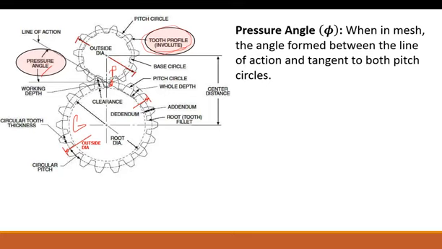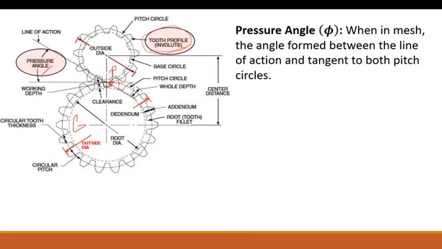And the pitch line is simply the tangent of the two pitch circles, and the pitch circle is the point of contact between the involutes. So you've got a gear with a pitch circle, which is simply the midpoint of the involute, and where the involutes actually meet is known as the two pitch circles. That transition point creates what is known as a pitch line, sometimes called a pitch plane.